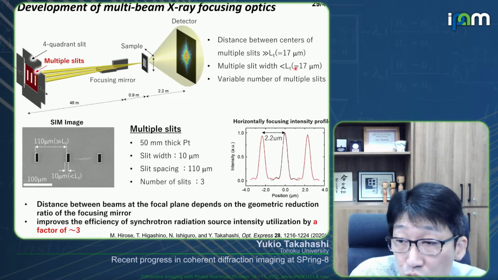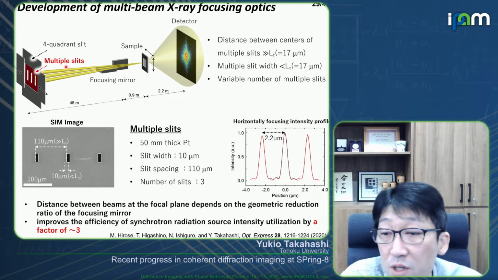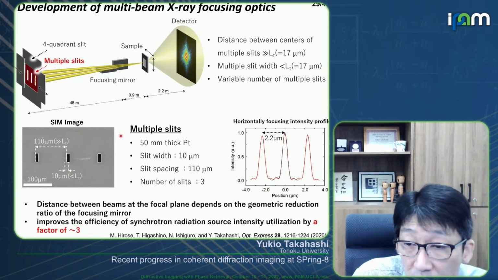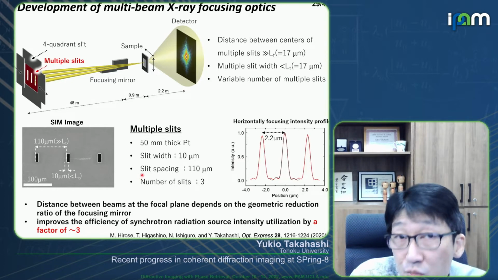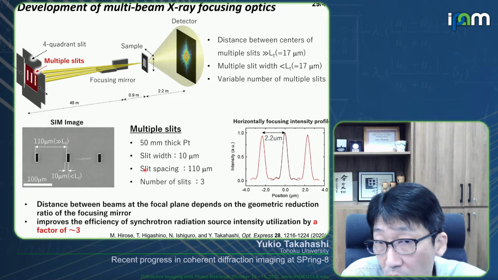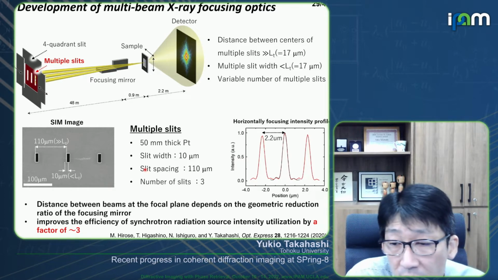The number of slits is controlled by opening and closing the four-quadrant slits. This is the SEM image of the multiple slits fabricated by FIB. The material is a 50 micrometer thick platinum foil, the slit width is 10 micrometers, and the slit spacing is 110 micrometers. Three slits were used in this experiment.